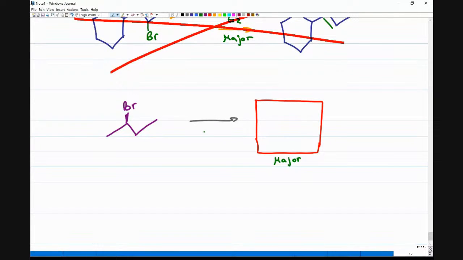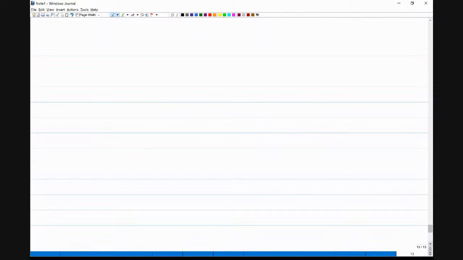And so if I have something like H2O, it doesn't matter. I cross out the leaving group, redraw the skeleton as I see it, and put the pi bond between the more substituted beta and the alpha, which is right here. Whoops.